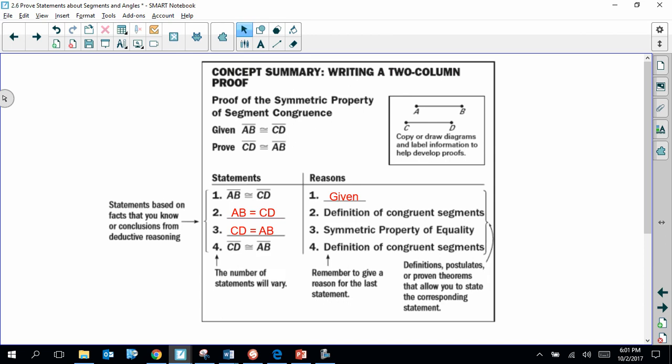So their lengths are equal to each other. That's the symmetric property of equality where we're just turning them around. This is one of the rare cases where we actually see that. You usually don't see the symmetric property of equality used very much. And so that's how we would finish filling in the two-column proof that we see here for the statement that we were asked to prove.